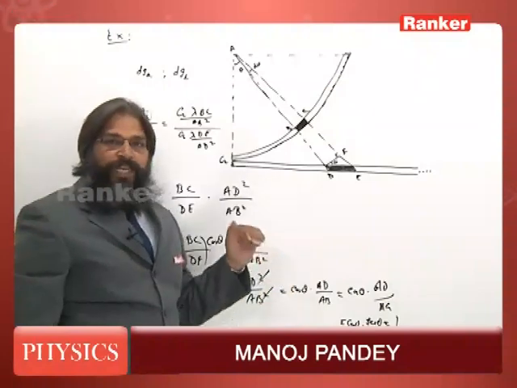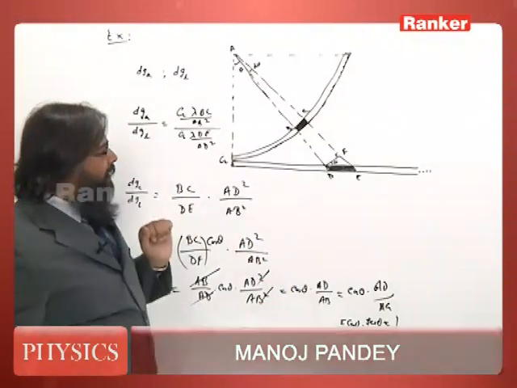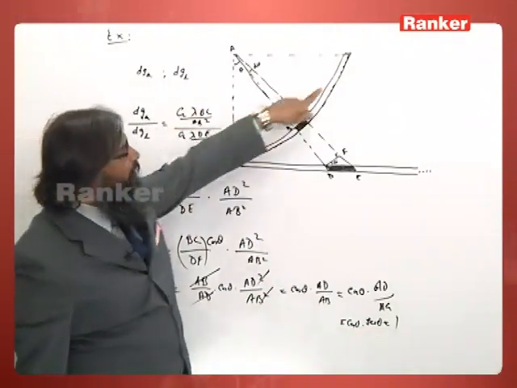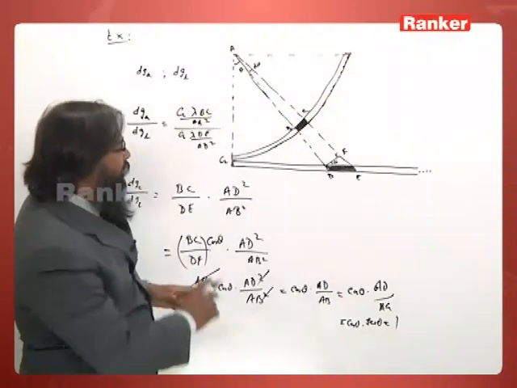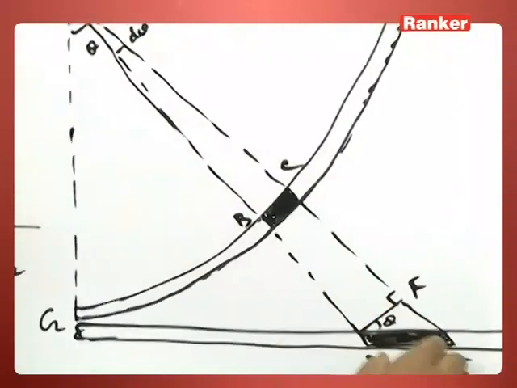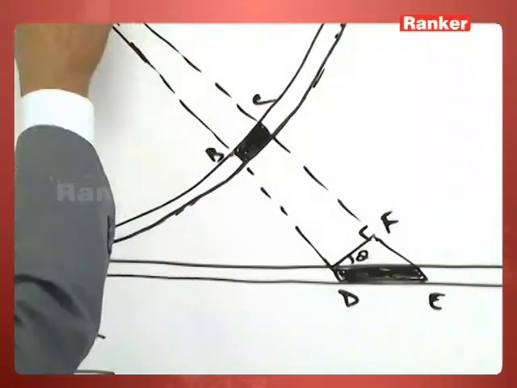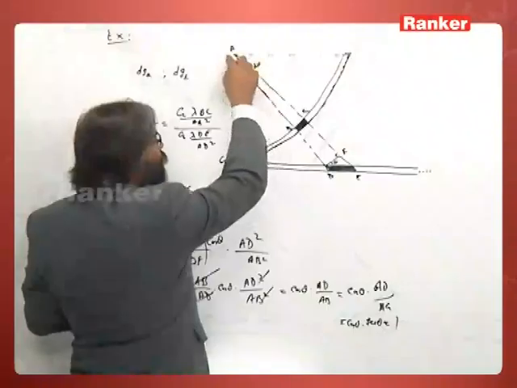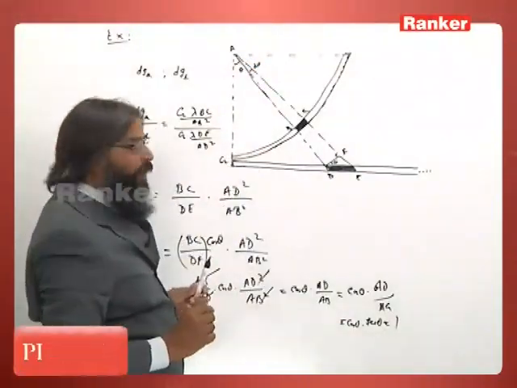Therefore, we have got a very important result: if this element and this element subtend the same angle, they produce the same gravitational field.